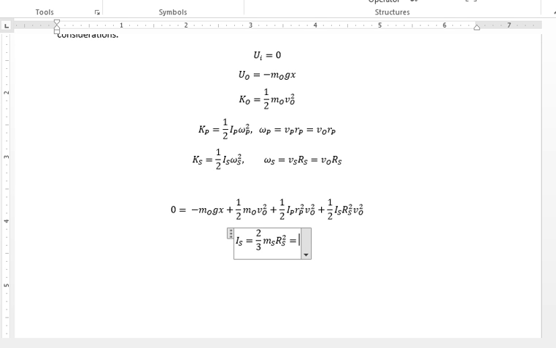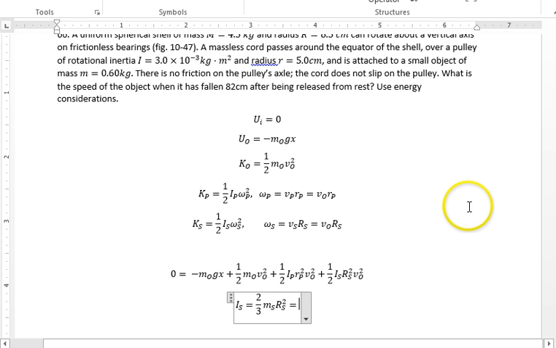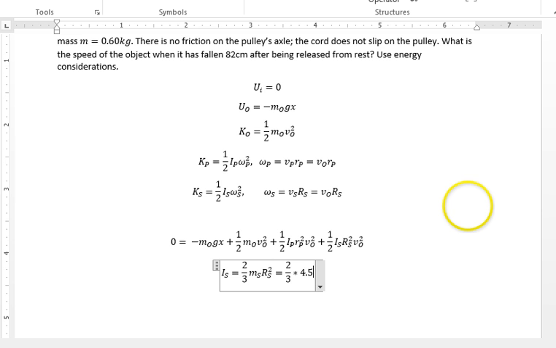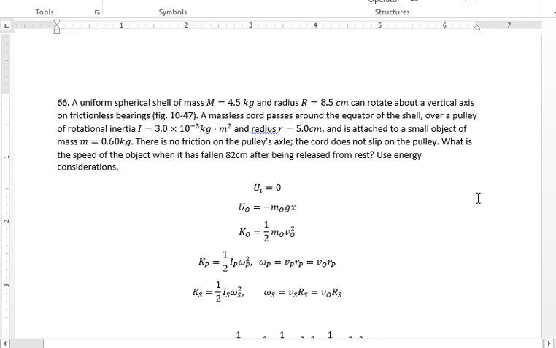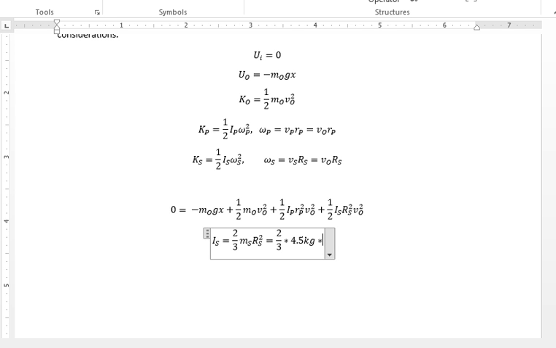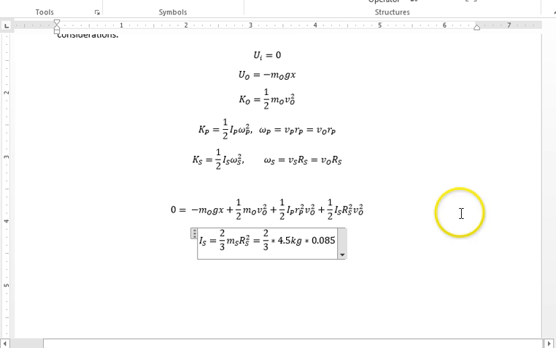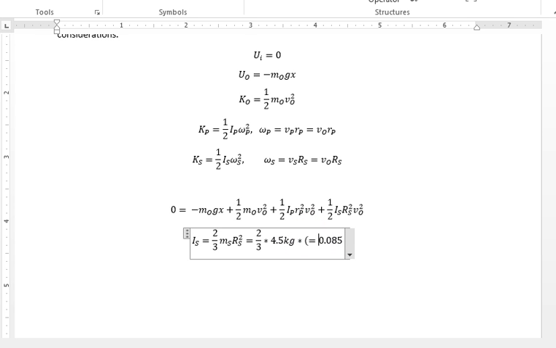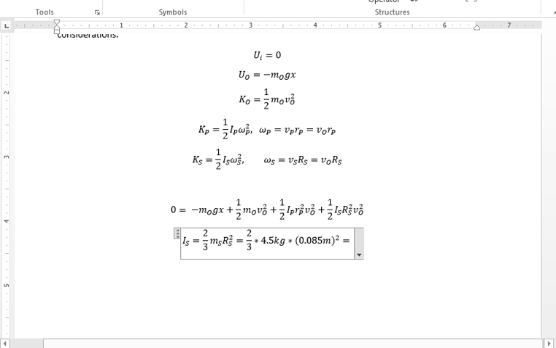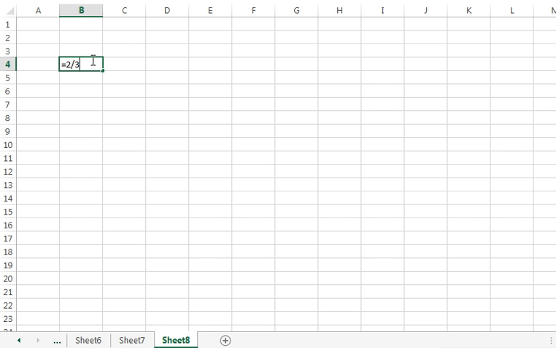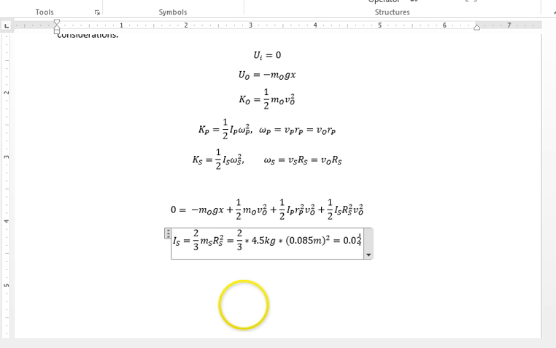So that's 2/3 times 4.5 times 0.085 meters squared, which equals 0.0217 kilograms meters squared.